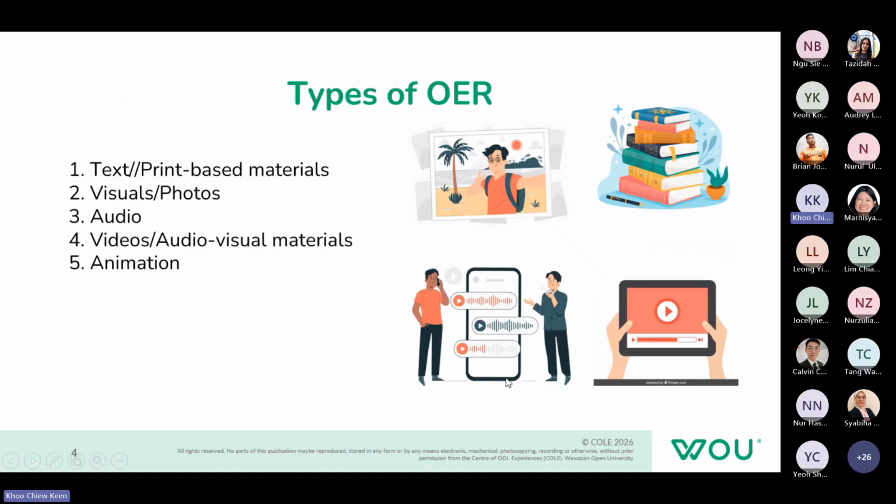Like I mentioned earlier, there are many types of OER. It can be text or print-based materials that you can usually find via Google. It also includes visuals or photos, and audio files, sometimes sound files or lecture notes, or items uploaded as part of a lecture series that you can usually see on YouTube.